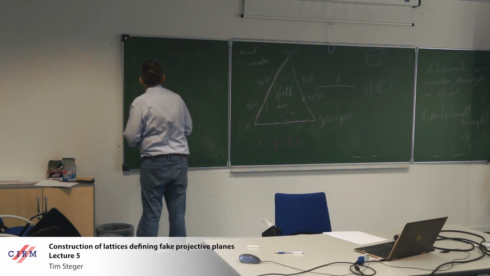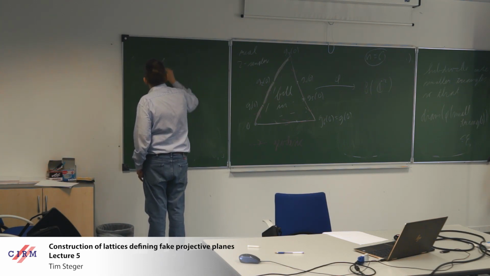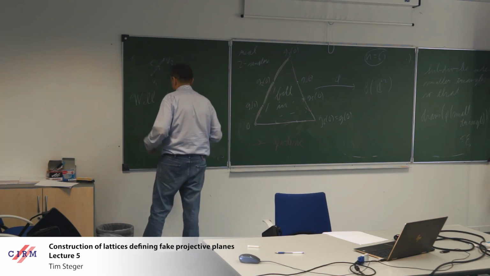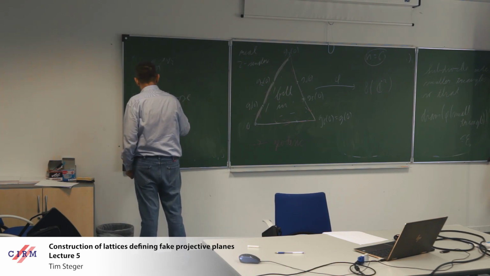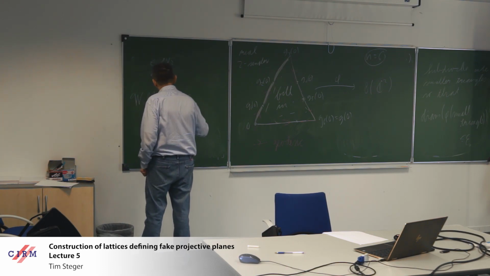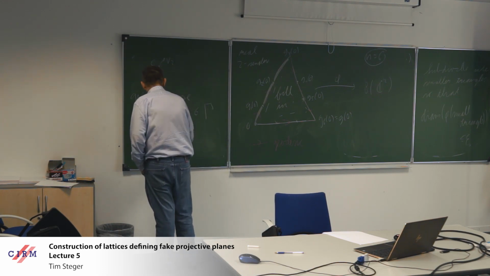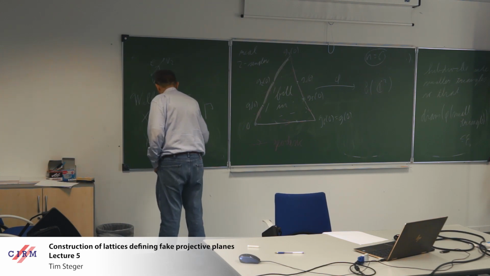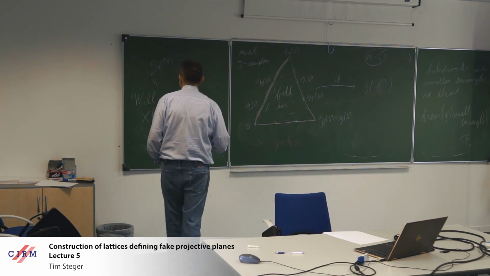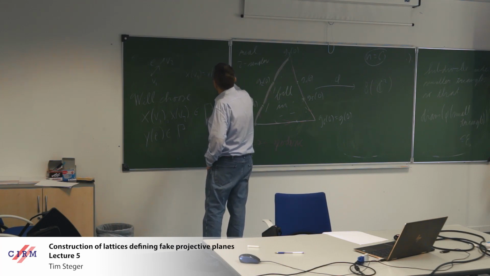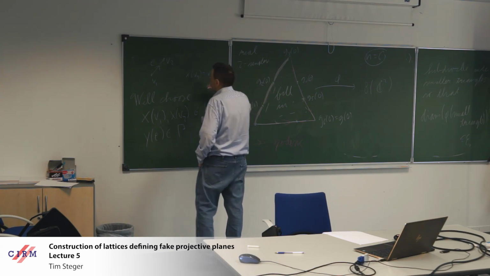If this, say, is a vertex, and that's another vertex, with a directed edge, we will choose x of v1, x of v2, which are elements of the group, and also a y of the edge, which is going to be an element of the group, in such a way that x of v2 is equal to x of v1 times y of the edge. That's a directed edge.